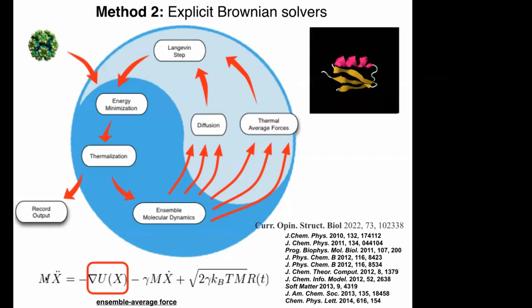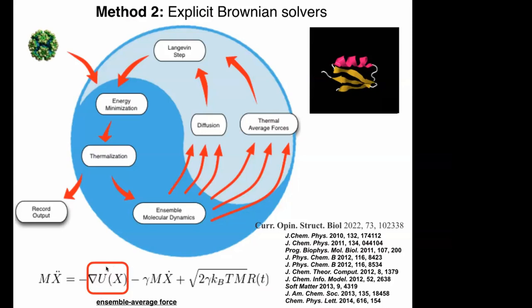Mass times acceleration equals the derivative of an energy function, of course, plus friction. This friction is coming from the surroundings, possibly, plus noise, which is coming from the temperature, the thermal disorder of the system.